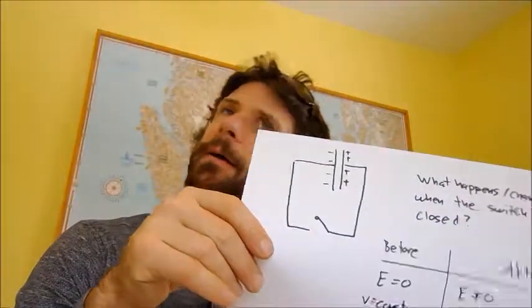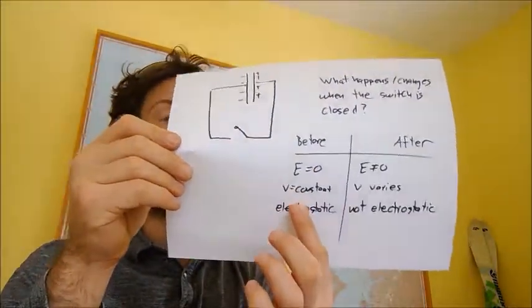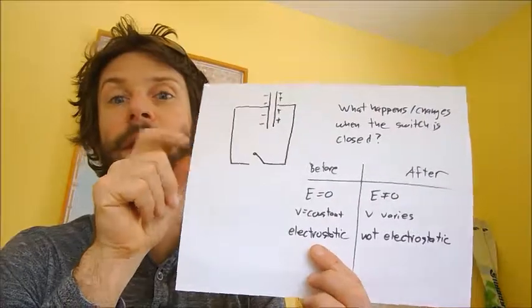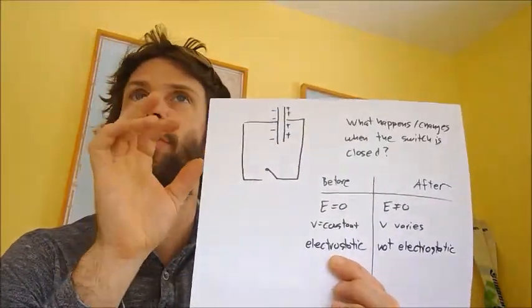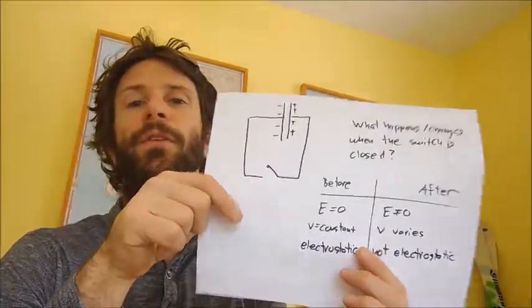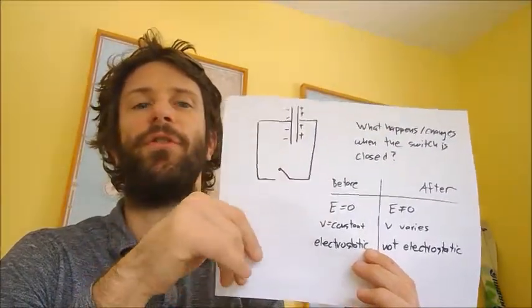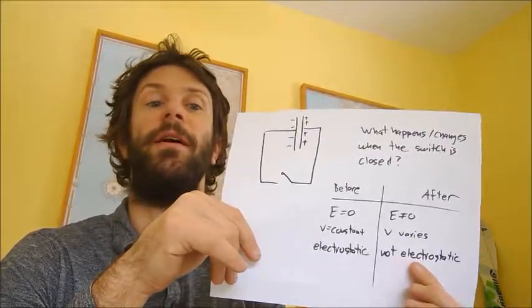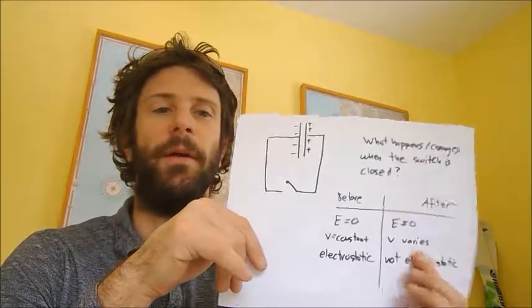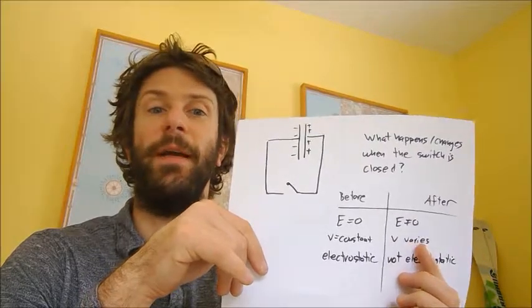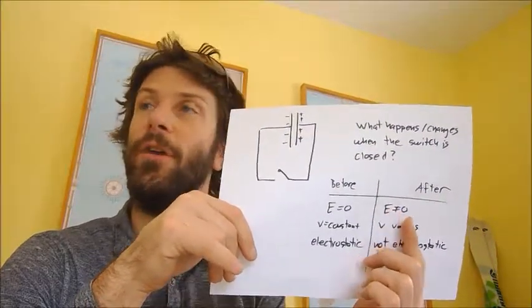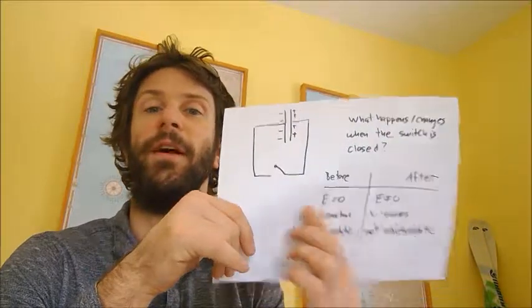Now, you've got to watch out, because I've said all quarter so far, electric field in a conductor is 0. And I've also said the potential is constant. But that was only assuming that we were in electrostatic equilibrium. Once I close this switch, since there's a net flow of charges, that's not electrostatic equilibrium. V is going to vary, and the electric field is not going to be 0 inside the conductor.